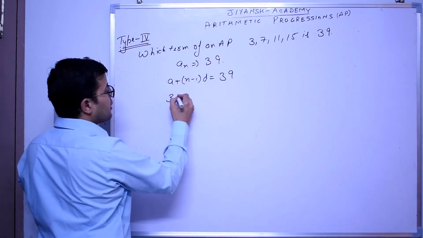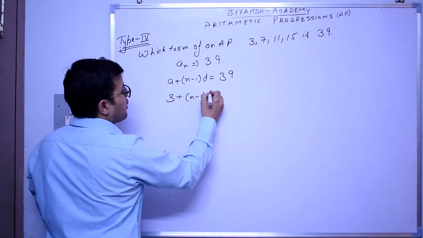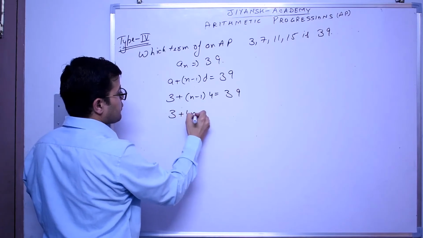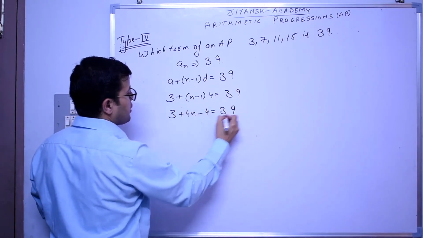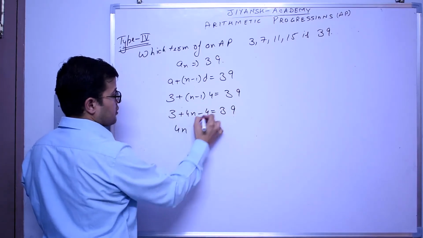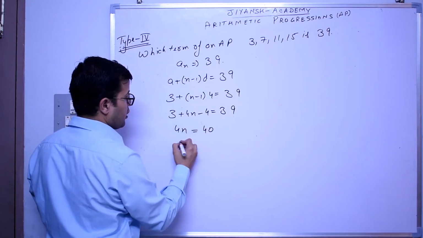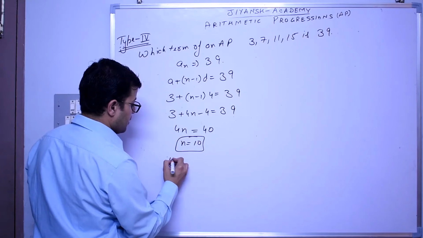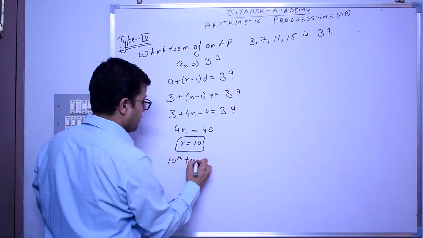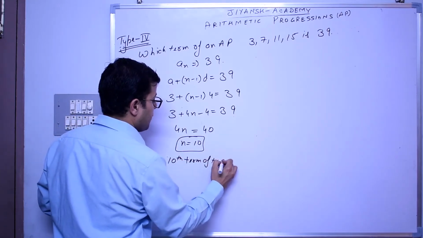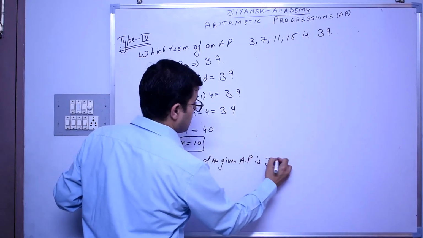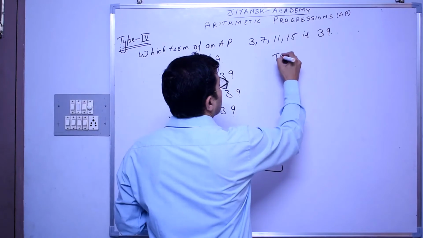A is 3 and D is 4. So 3 plus 4n minus 4 is 39. 4n minus 1 is equal to 39, so 4n is equal to 40. N is 10. So the 10th term of the given AP is 39. Type 5.